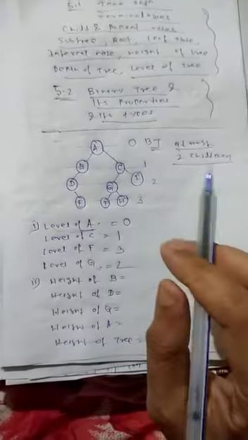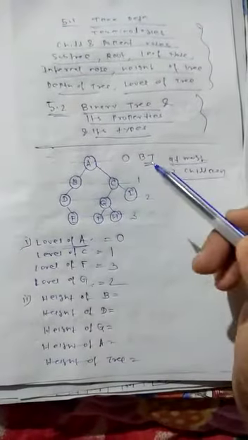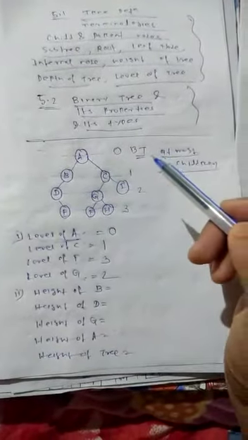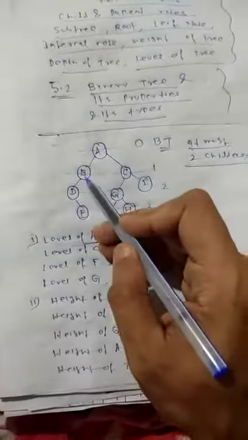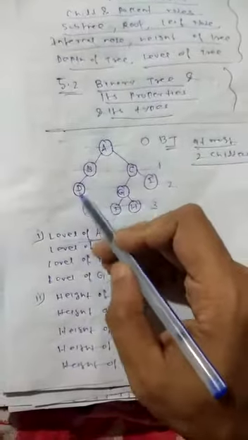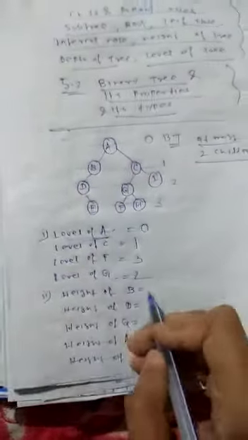You have to calculate the maximum or longest path from that node to the leaf node. So if you calculate the height of B, how do we calculate it here? 1 and 2. This is one path, so the longest path is 2, so the height of B is 2.